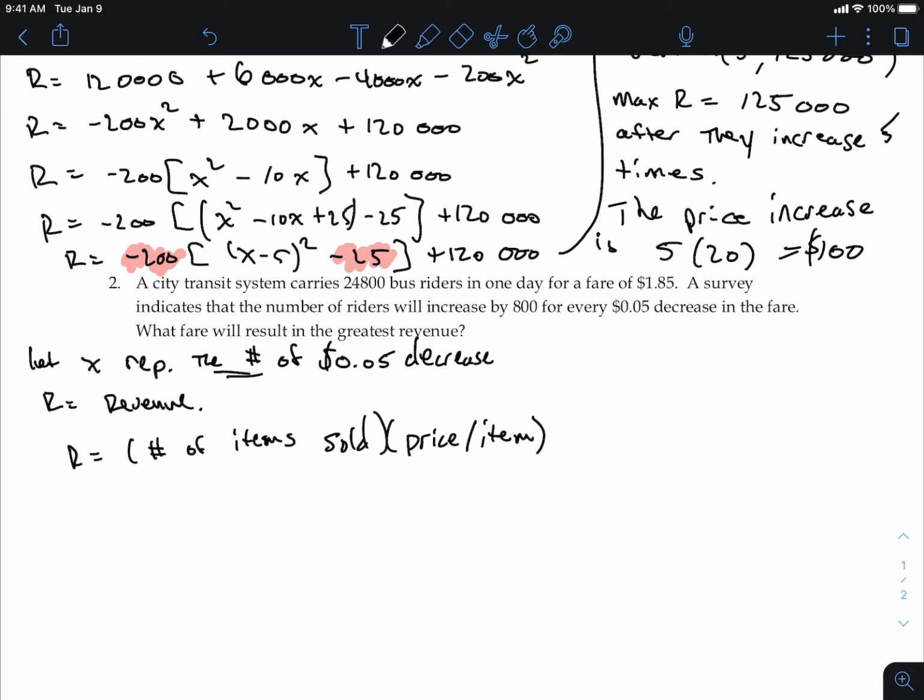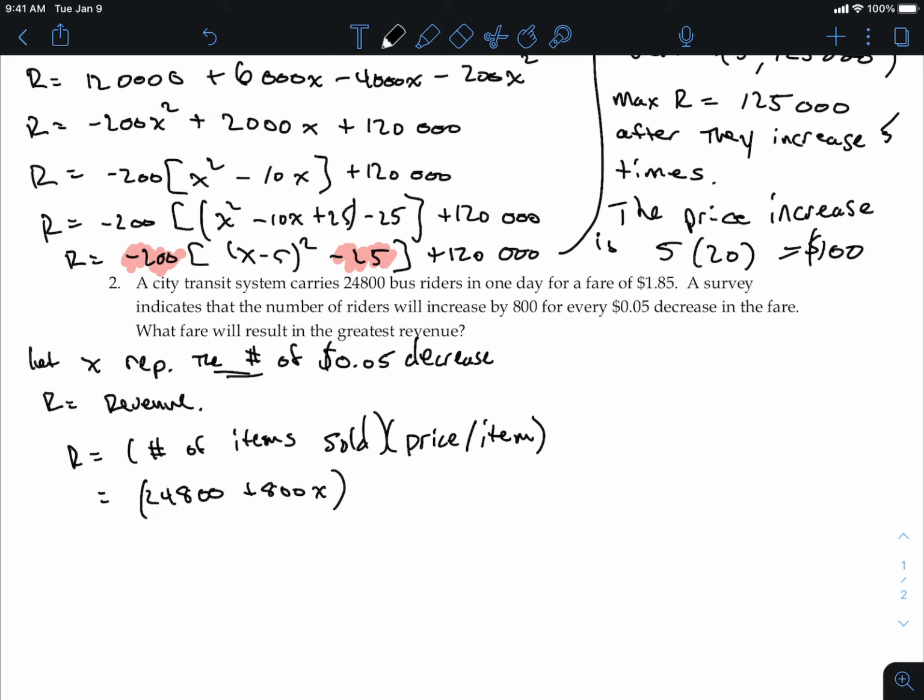Number of items sold. There's 24,800 bus riders, right? And then it says that the number increases by 800 for every 5-cent decrease. So x we said in our let statement.